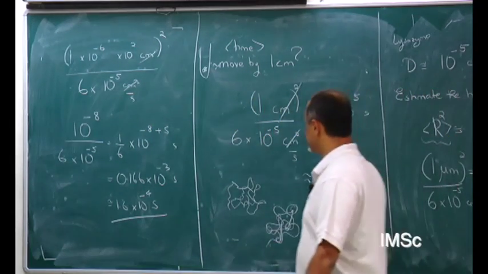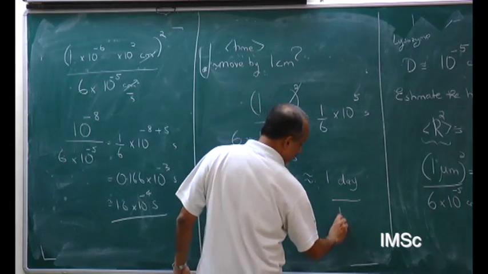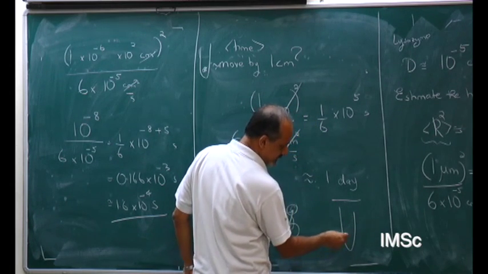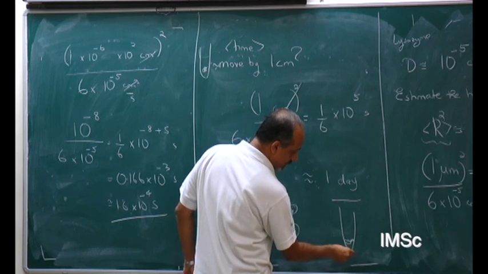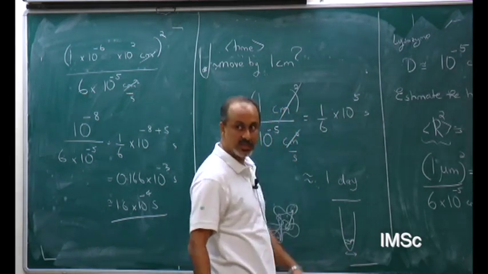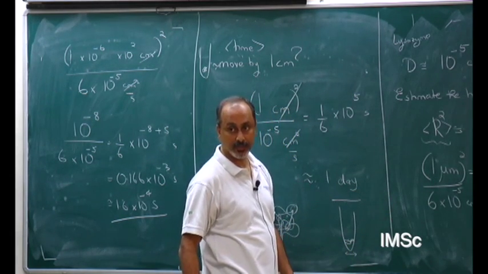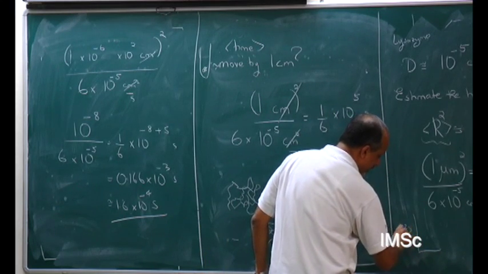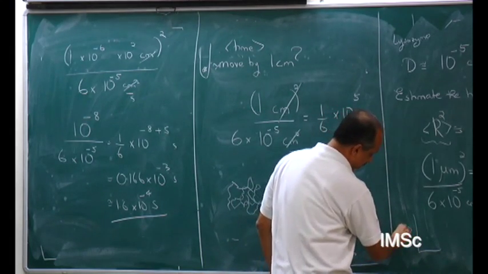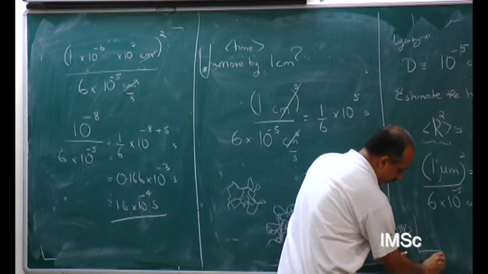The only difference is when you consider things that are confined, like this, suppose this is a test tube. Once this object has diffused to a distance comparable to the size of the walls of the test tube, it can't go any further. So suppose I plotted the magnitude of r squared as a function of time.